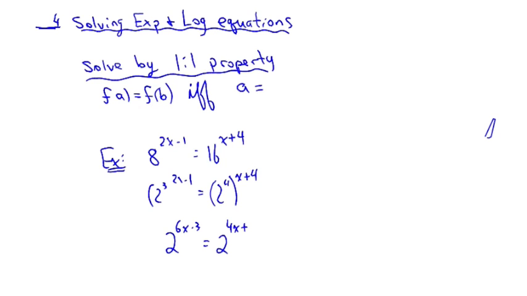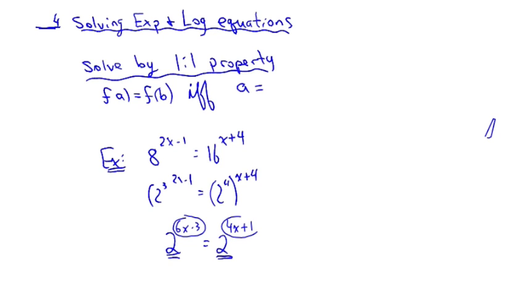Now because the bases are exactly the same, that's like your f of A is equal to f of B, then this is A, and this is B. What must be true about them? They have to equal, because if the y values are equal, therefore the domains are also equal. So it's not algebra. You're not canceling the 2's.